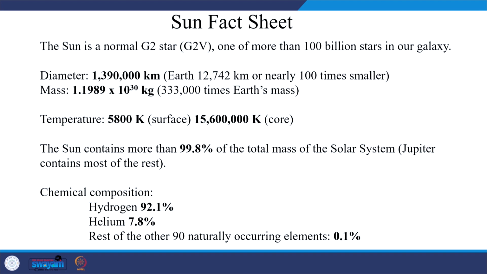These facts are generally readily available anywhere, but we are going through them just to have some sort of continuity or completeness in the discussion of what the sun is. If you want to understand the solar prominences, you have to understand whatever happens inside the sun.